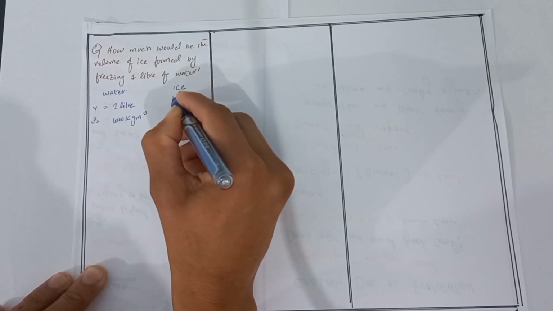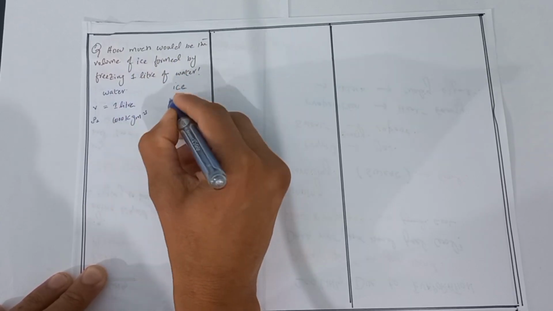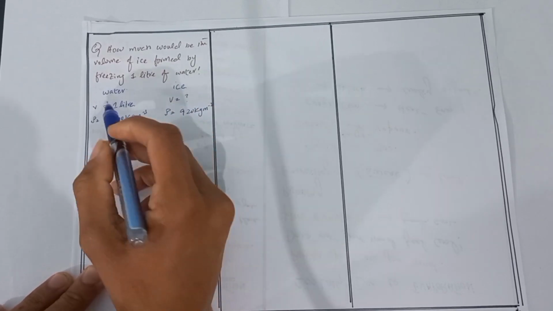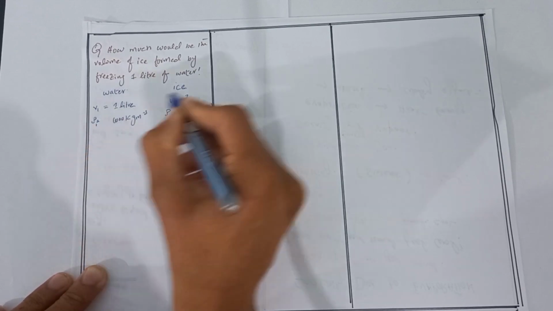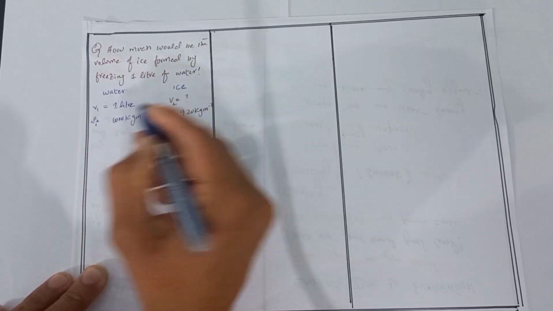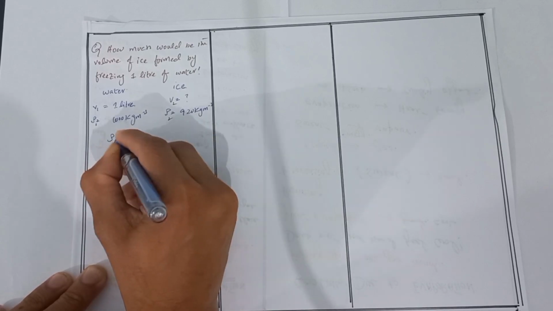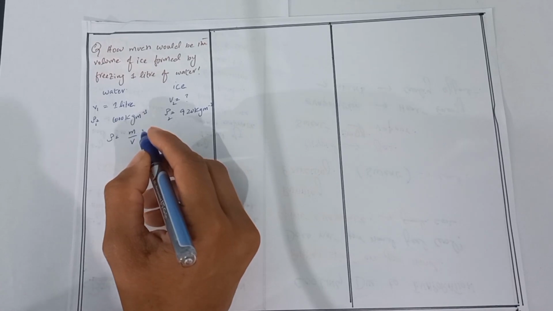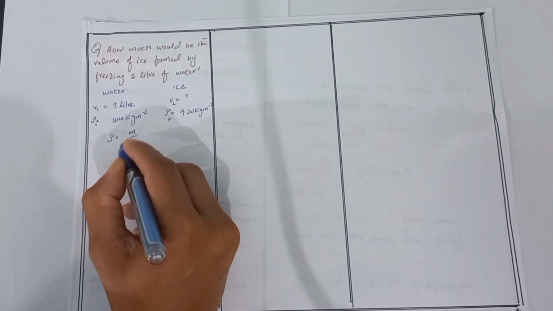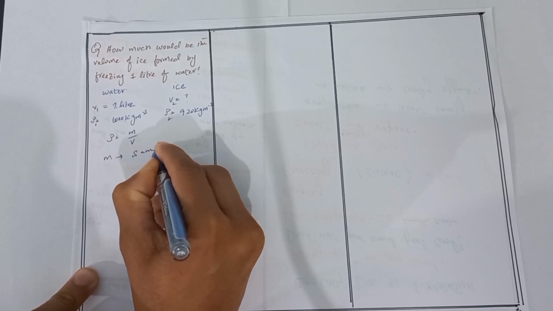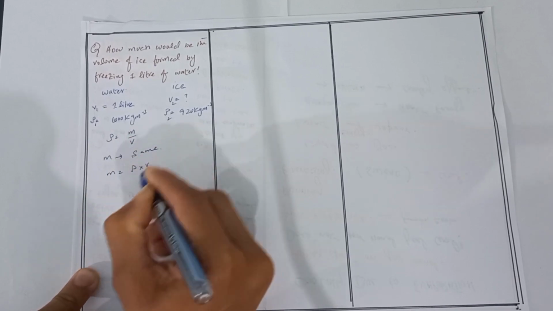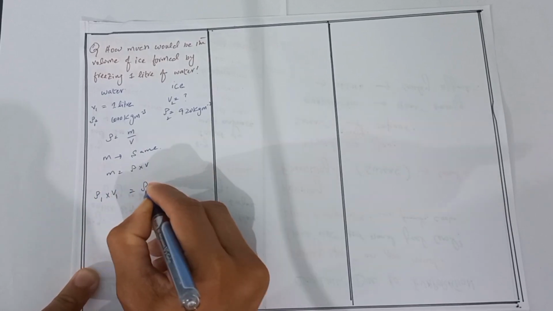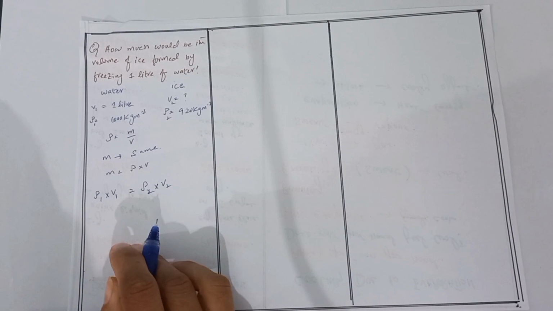Now we find the volume of the ice. The density of the ice is 920 kg per meter cube. We name the volume V1 and density rho1, and the volume V2 and density rho2. We know the density formula is mass divided by volume. Mass is the same, so mass equals density into volume: rho1 V1 equals rho2 V2.